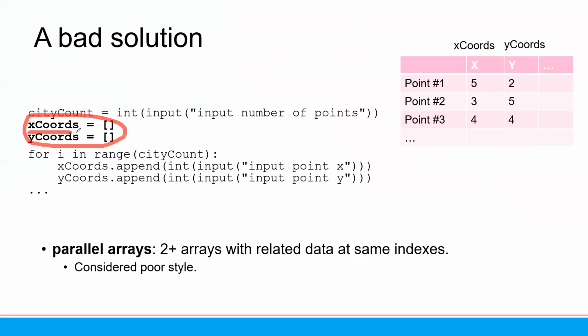You can make X, and the X coordinates are 5, 3, 4. So it means index 0 is the x coordinate of point 1. Index 1 is the x coordinate of point number 2. If it is index 2, then the x coordinates variable holds point number 3. It is possible.